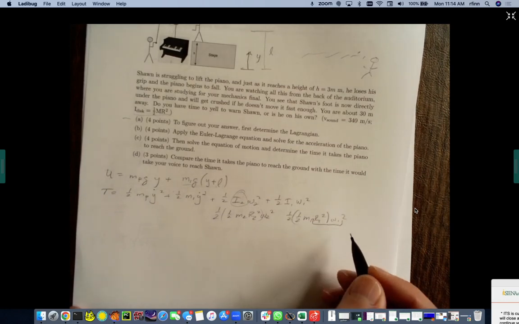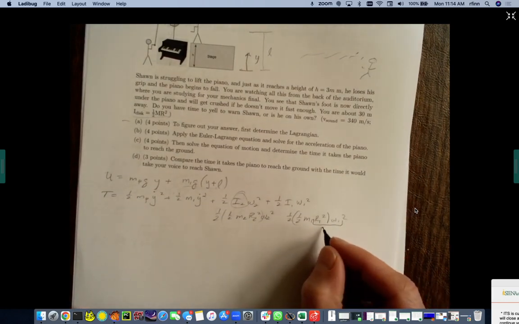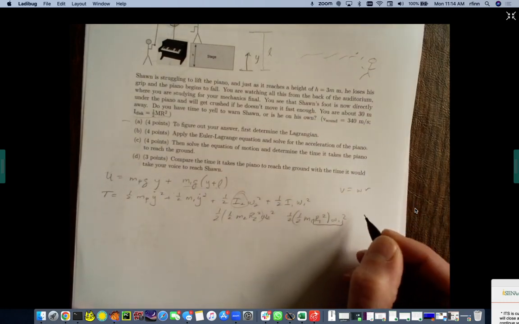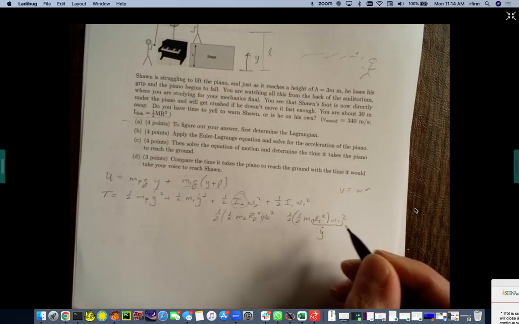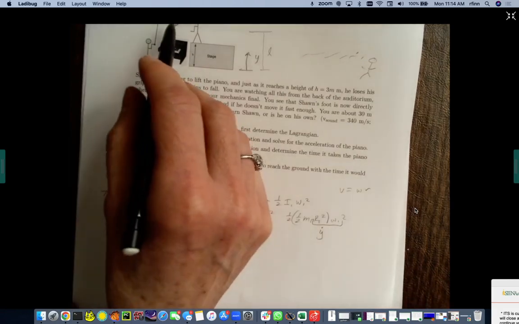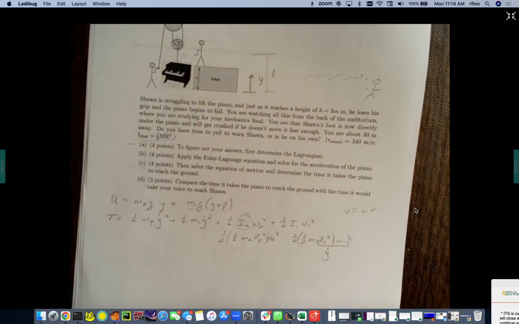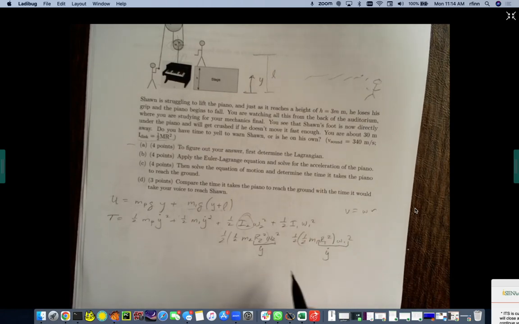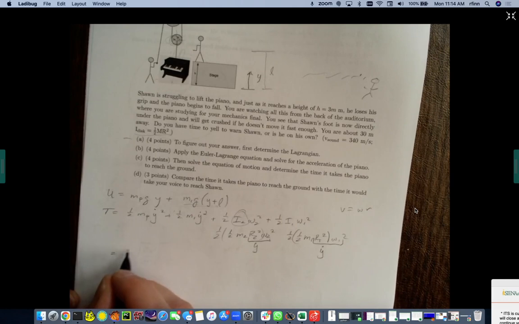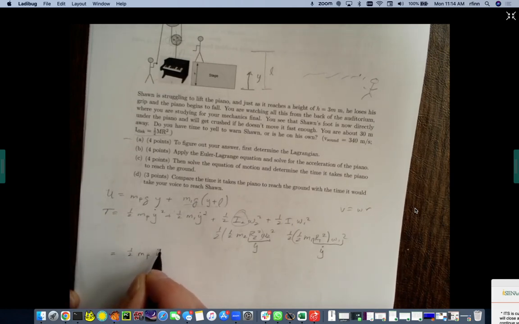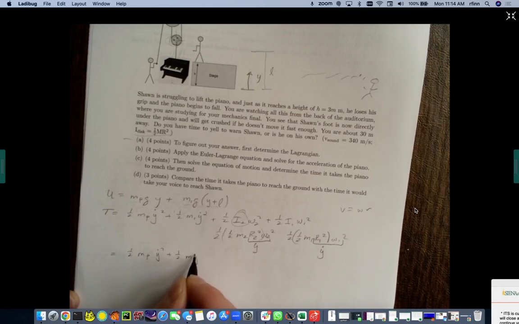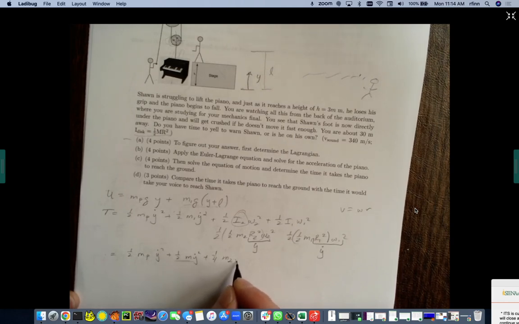The key thing is to realize that r1 omega 1 is the same as y dot, since v equals omega r. The angular rotation times the radius is the same as the vertical change in height. So we have 1/2 mp y dot squared plus 1/2 m1 y dot squared, because that pulley is actually moving up and down, plus 1/4 m2 y dot squared plus 1/4 m1 y dot squared.